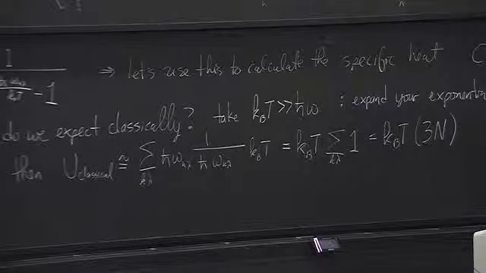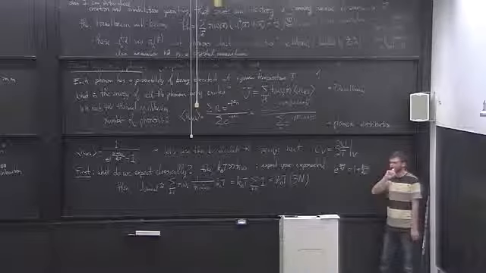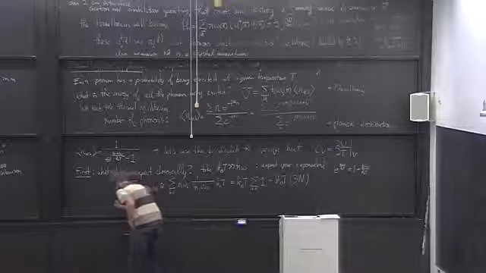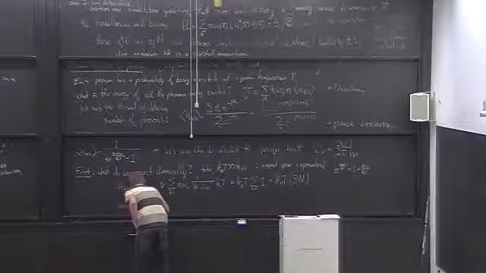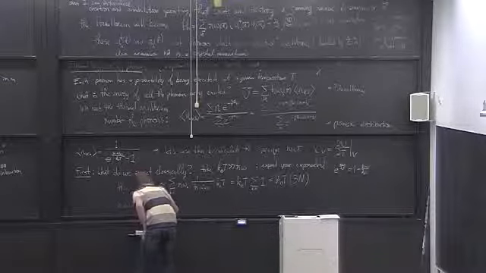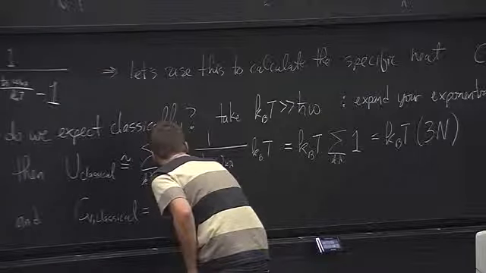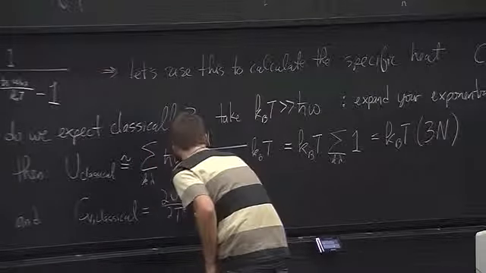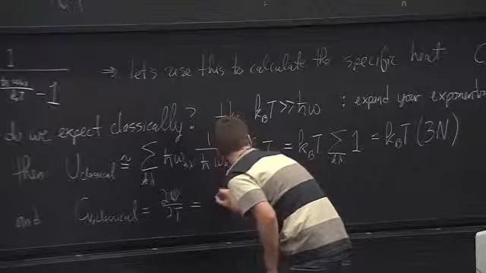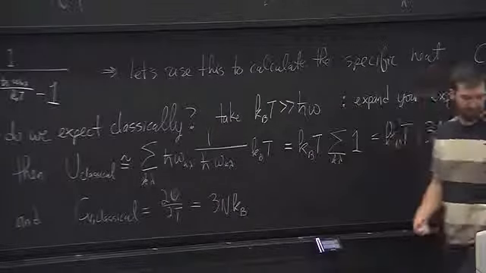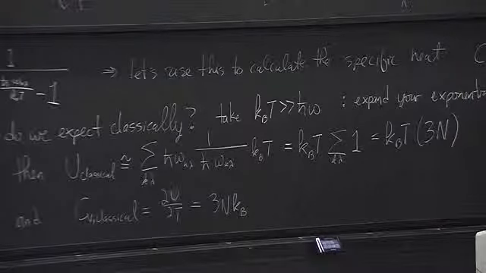And so then the specific heat is just this temperature derivative, dU/dT. So it's just 3 N k_B, and this thing's temperature independent.